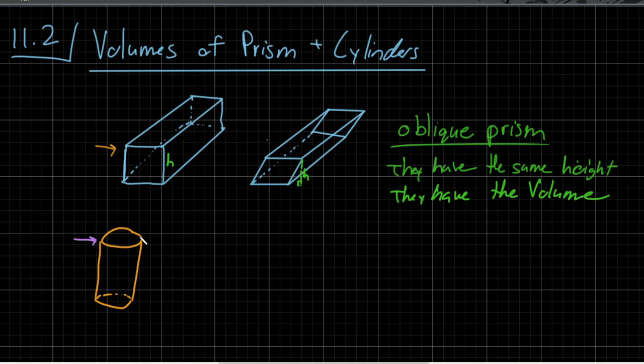We have a whole bunch of washers stacked up together. I can tilt them slightly over, so it looks like this. My height is still the same, and this was my height. Same height. Same volume.